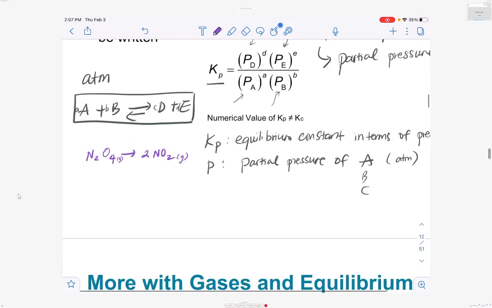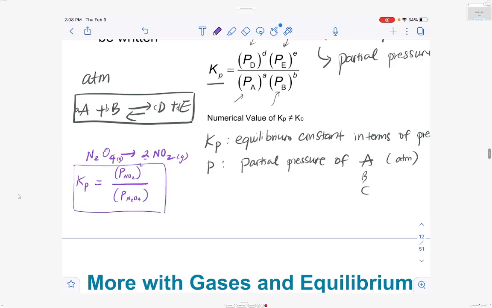So then the Kp is going to be partial pressure of NO2 raised to the second power divided by partial pressure of N2O4 reactant raised to the power equal to the coefficient. Coefficient is 1, so I'm not going to put anything there. So yeah, this is Kp.